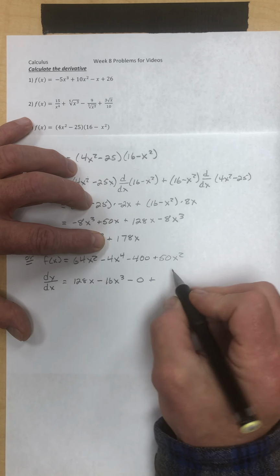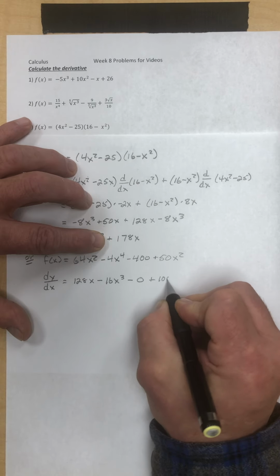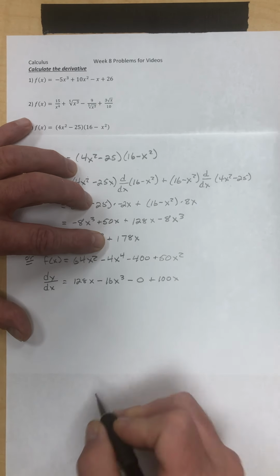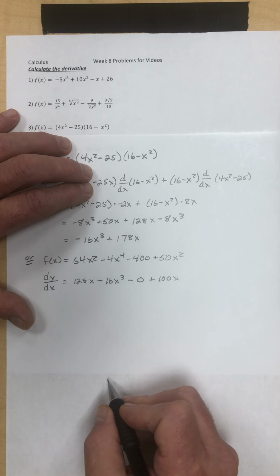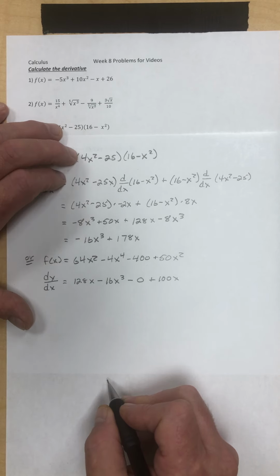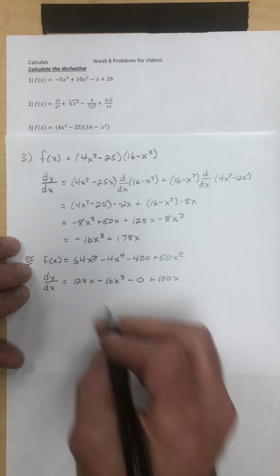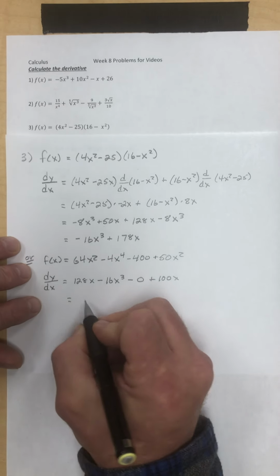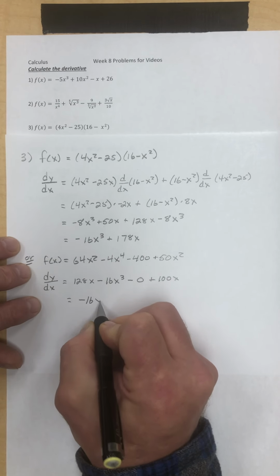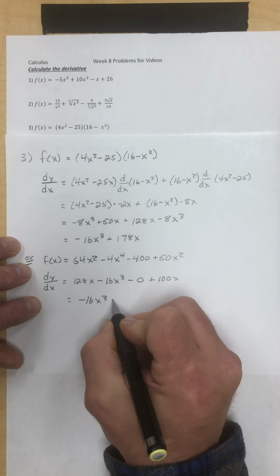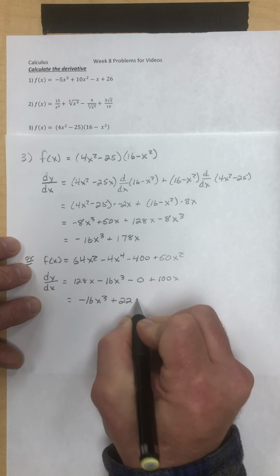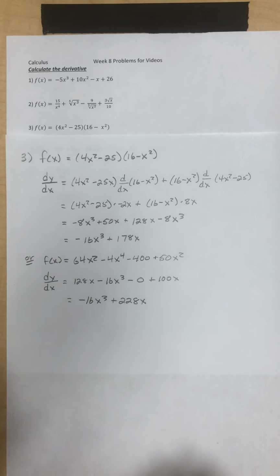And then right here, 2 times 50 is 100, x to the first. Okay, do I get a problem here? Because I'm getting something different. I'm getting a negative 16x cubed plus 228x, and obviously I made a mistake somewhere.